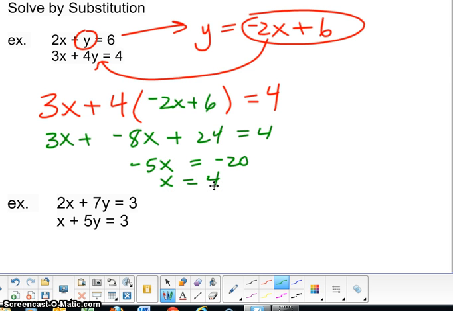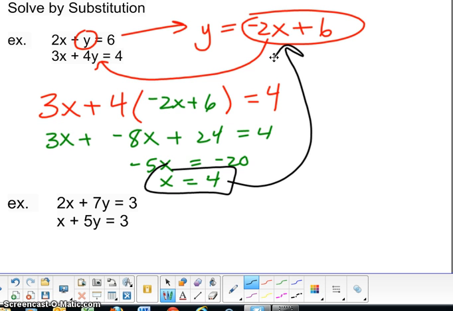Now you can't stop there, because we know that solving of systems is going to be an ordered pair. So we have to take the 4 now and plug it into one of the originals. You can go back to the 2 originals, or you can go to the y equals. I choose y equals.